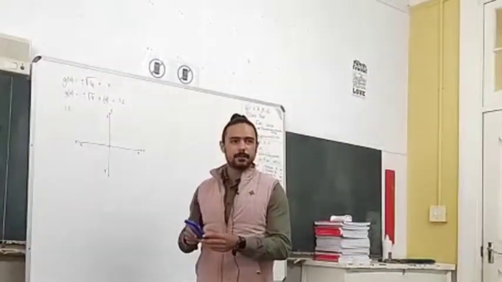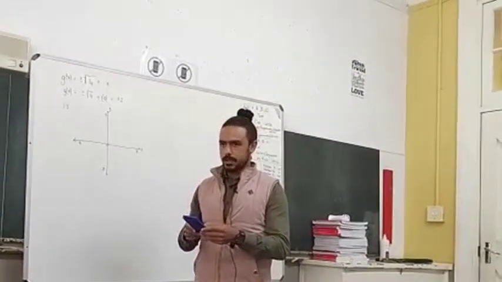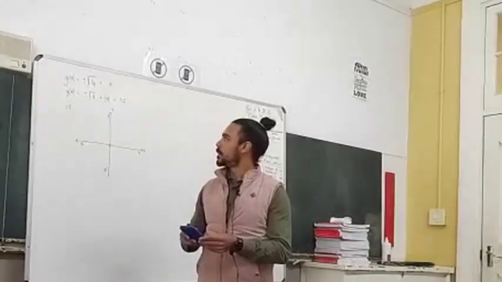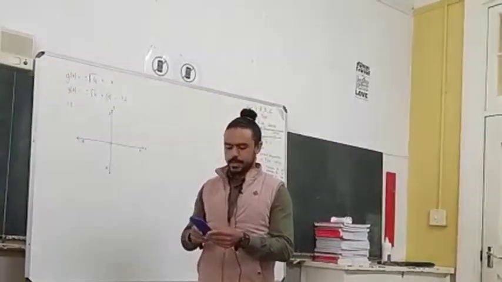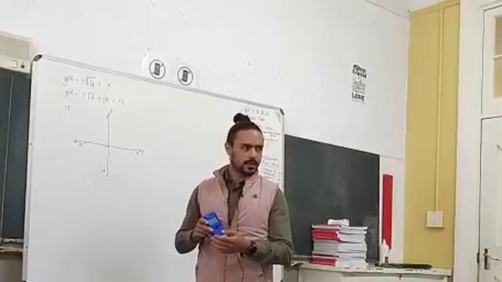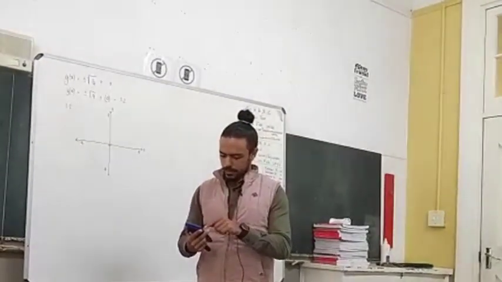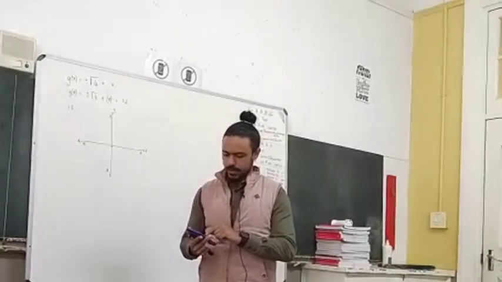Then it says f of x. Now in f of x, you're going to put in the square root of 4, then plus alpha and x.